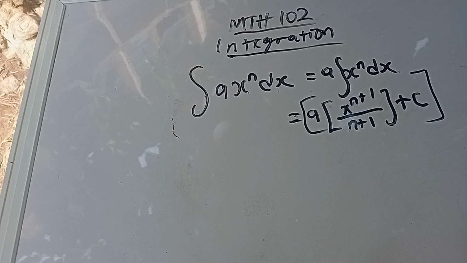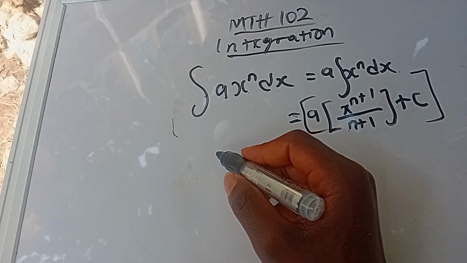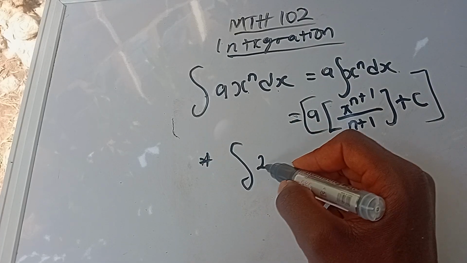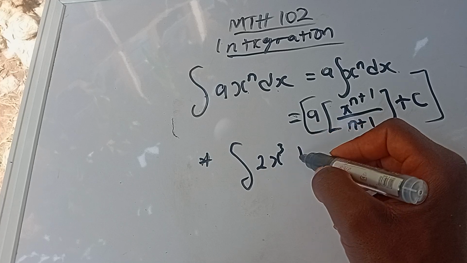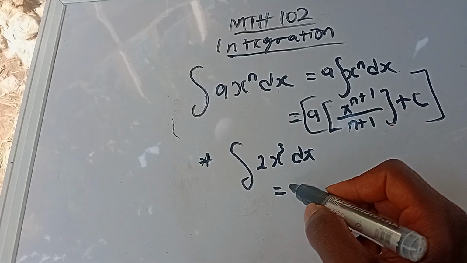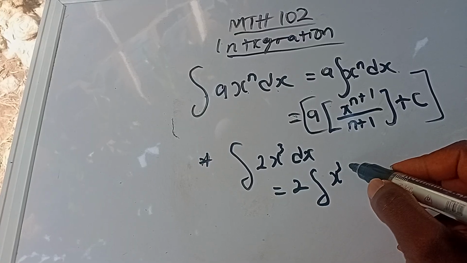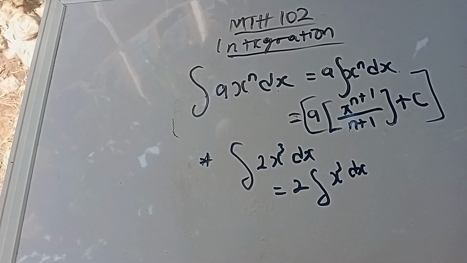Take note of that. For instance, if we have a question that says integral of 2x cubed dx, the 2 will come out because it's a constant. Then you have your x cubed dx. Now let's integrate.